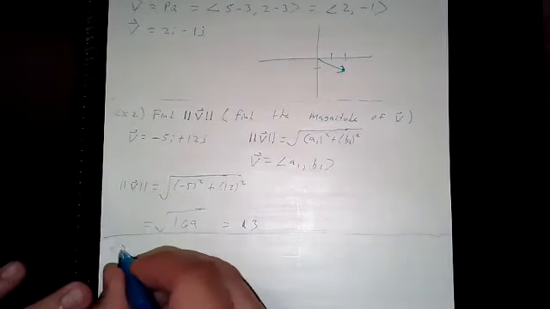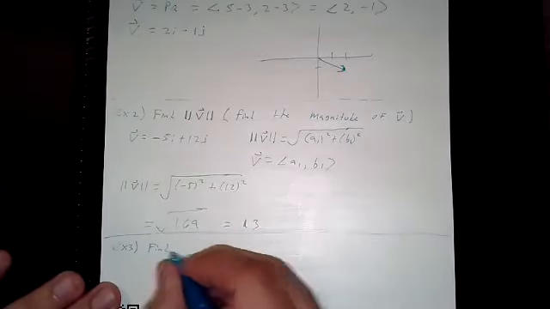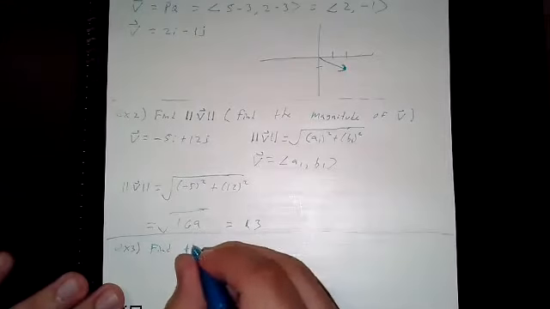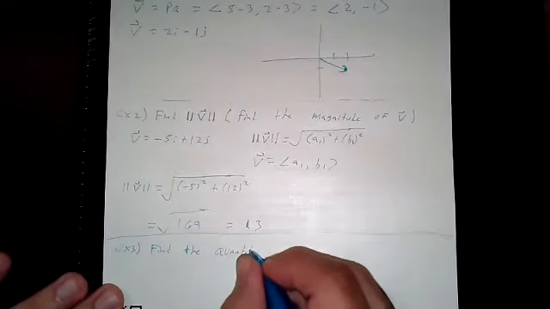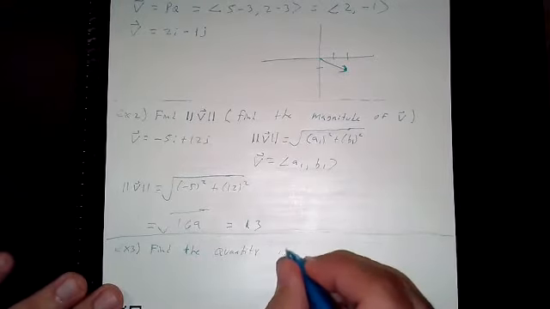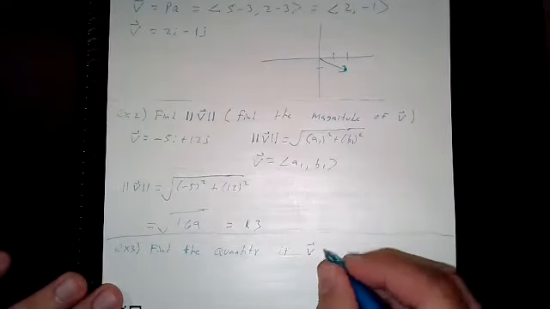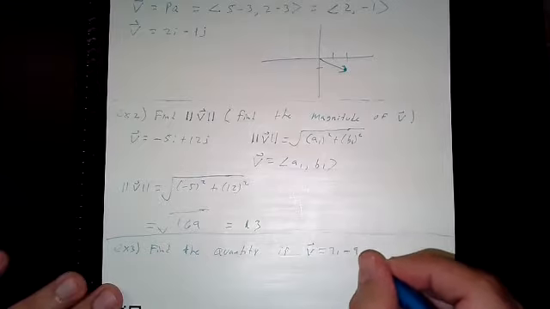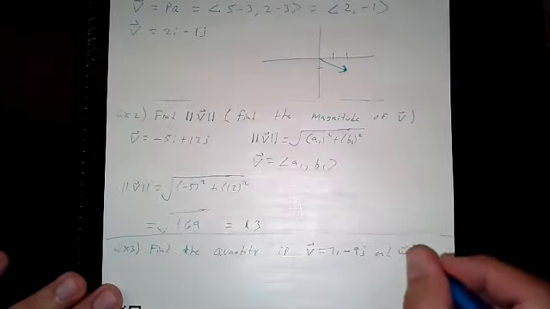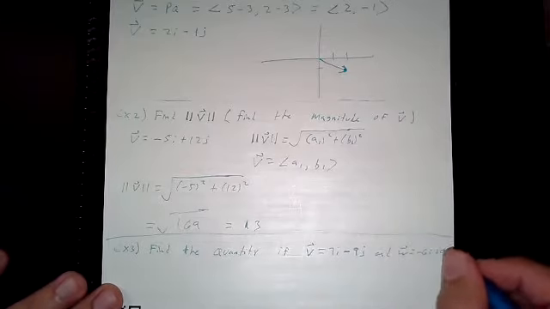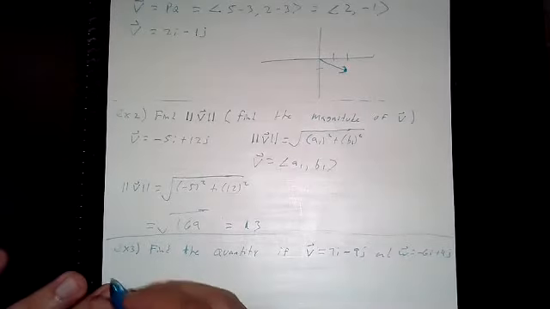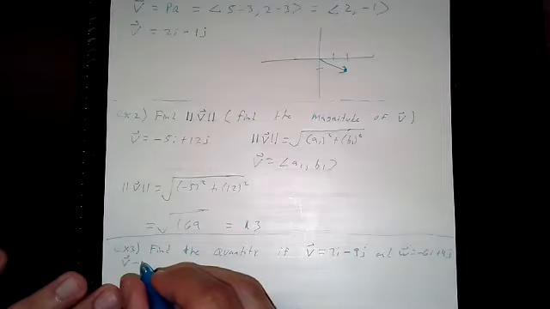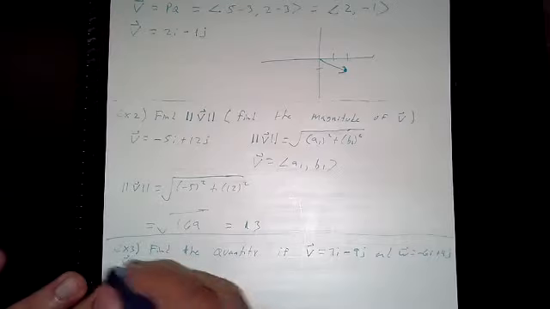So example 3 will be find the quantity. V would be 7i minus 9j, and the w vector will be negative 6i plus 4j.